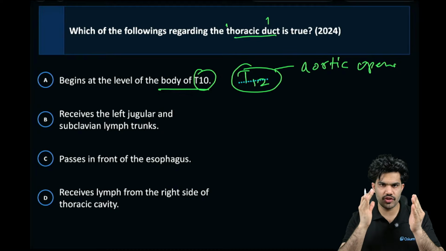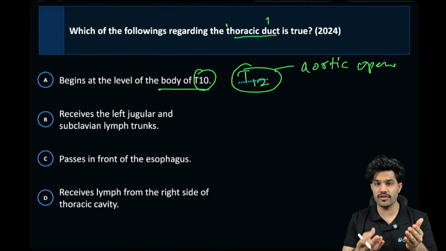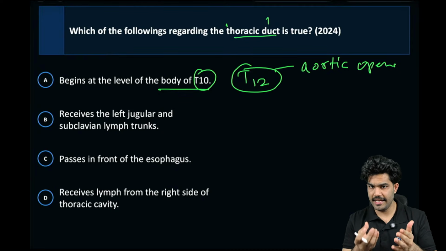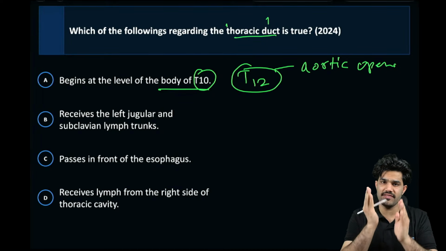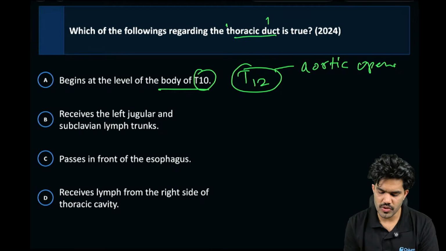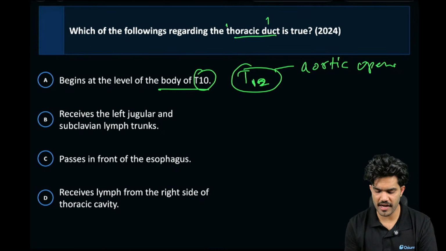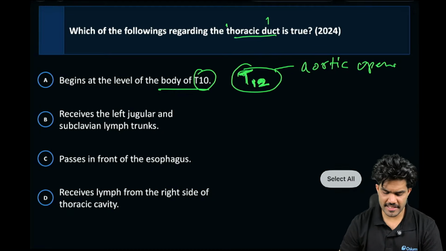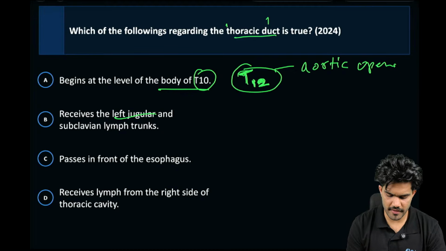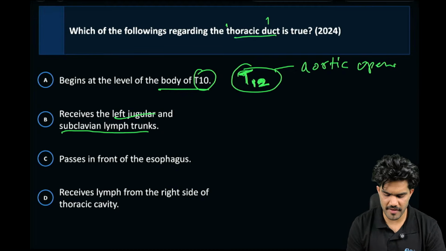If they ask about thoracic duct origin, it starts from the abdomen as the cisterna chyli, and then in the thorax it is the thoracic duct. So at which border? At the starting of the aortic opening, so at T12.